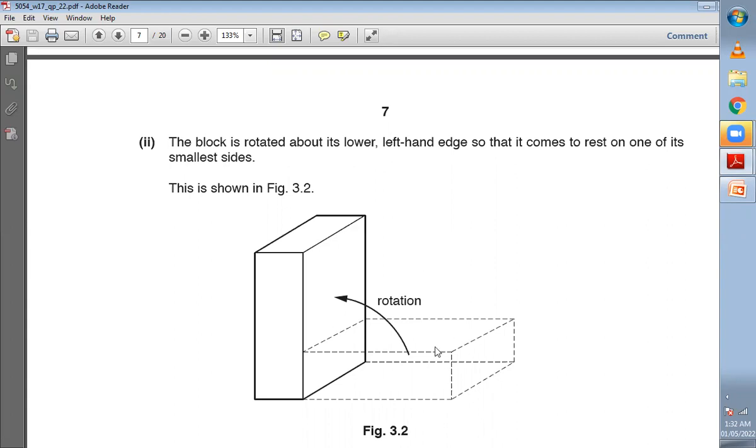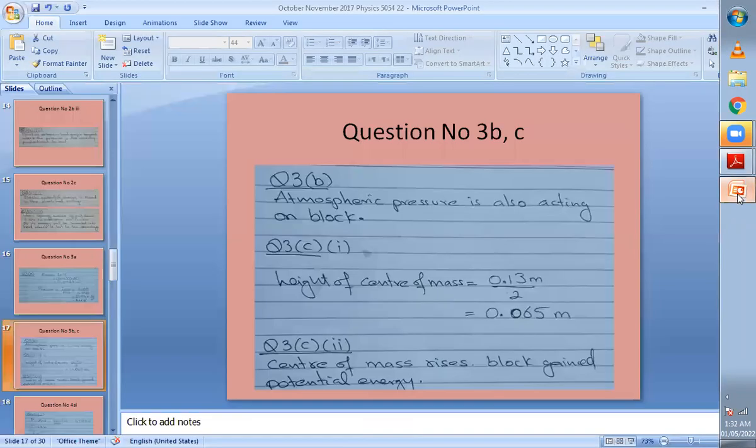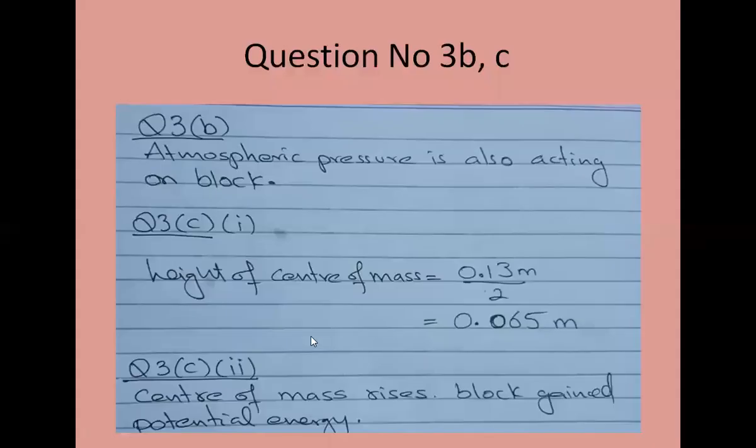Or you can also say that because the block has moved in the direction of the force applied, work is done. Let me show you. The center of mass rises, the block gained gravitational potential energy. So that's why I'm saying the work is done.